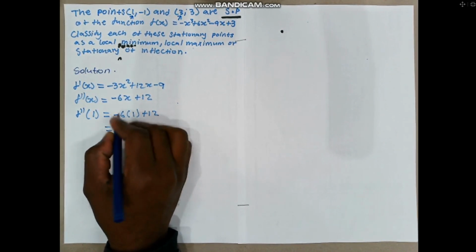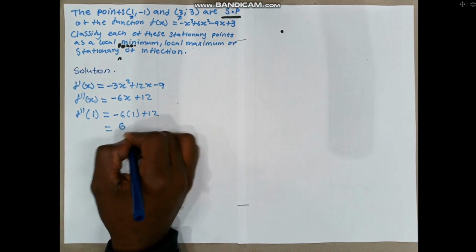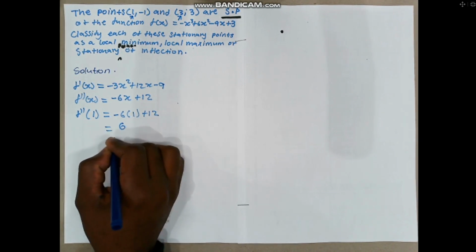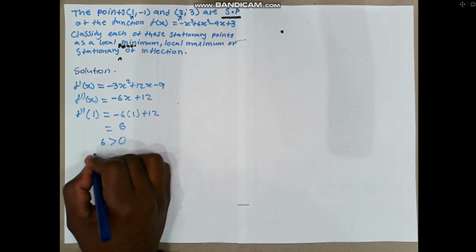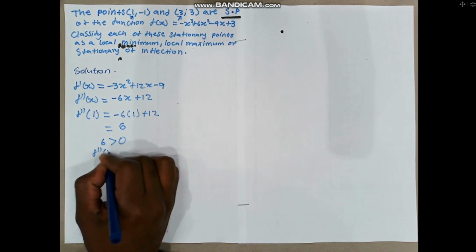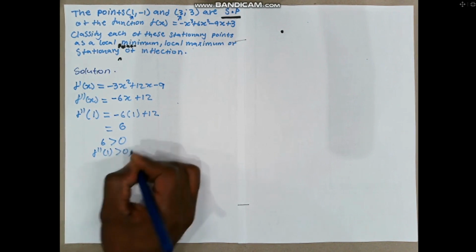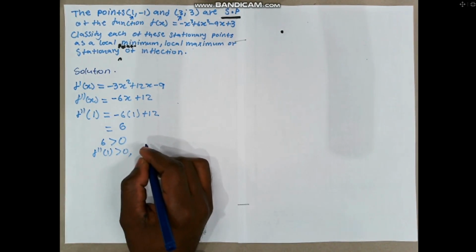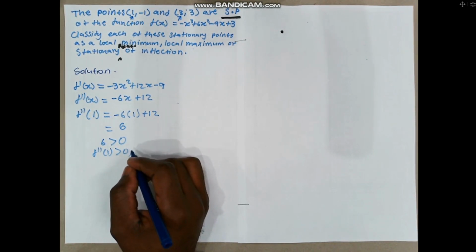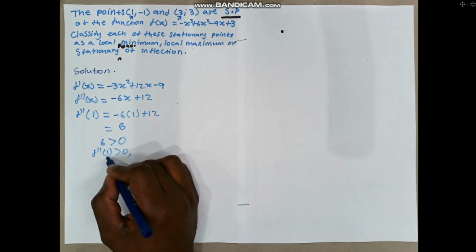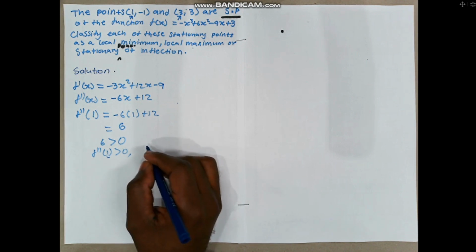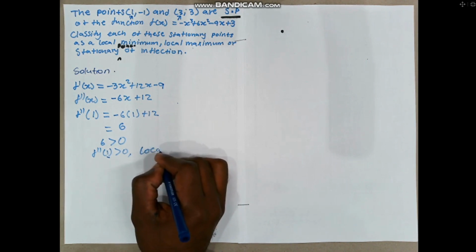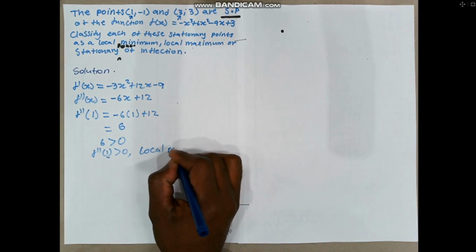We get 6. 6 is greater than 0, so f double prime of 1 is greater than 0. What does this mean? If the second derivative at that specific x, which is 1 in this case, is greater than 0, meaning this is a local minimum.